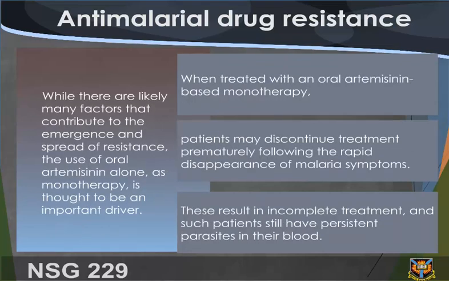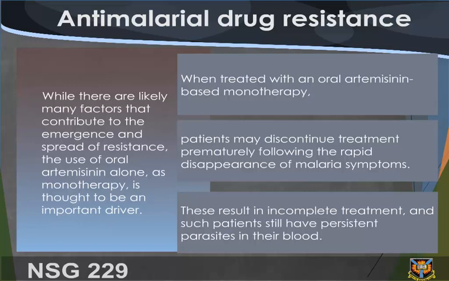While there are likely many factors that contribute to the emergence and spread of resistance, the use of oral artemisinin alone as monotherapy is thought to be an important driver. When treated with an oral artemisinin-based monotherapy, patients may discontinue treatment prematurely following the rapid disappearance of malaria symptoms.